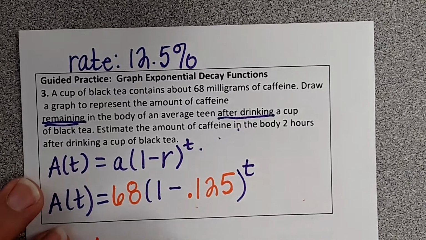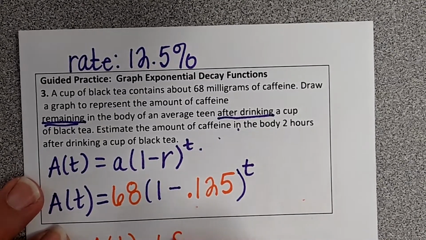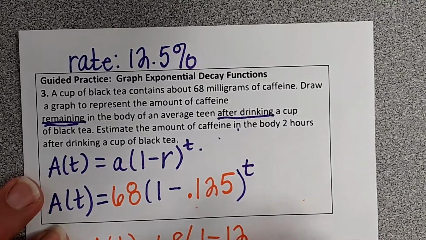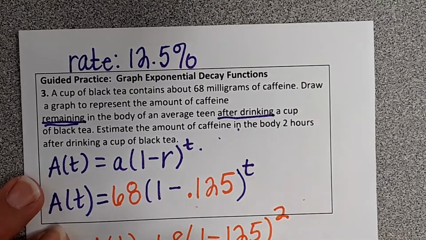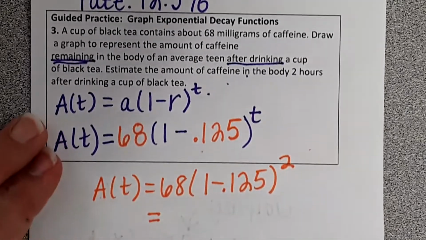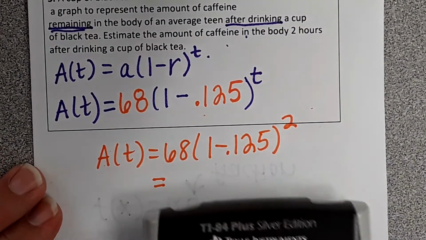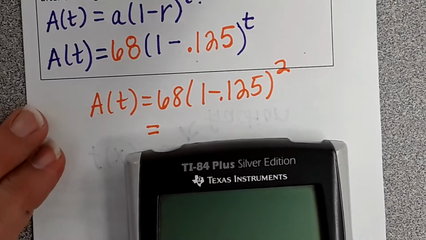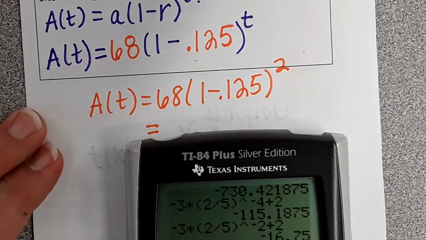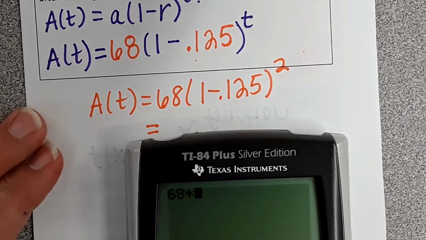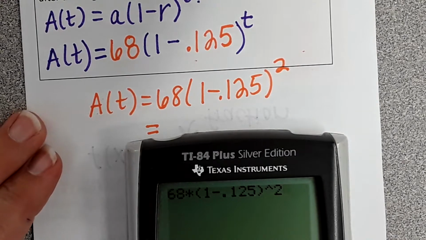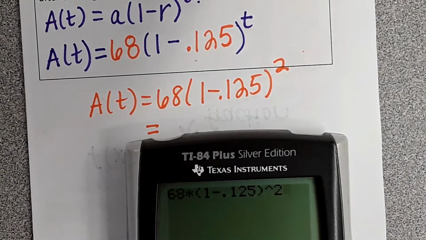We're going to write it out, and then you're going to put it into your calculator. So remember, this time there's no subtracting to do because your exponent is just the t, which is 2. They gave it to us. How did we know? Because it says 2 hours.